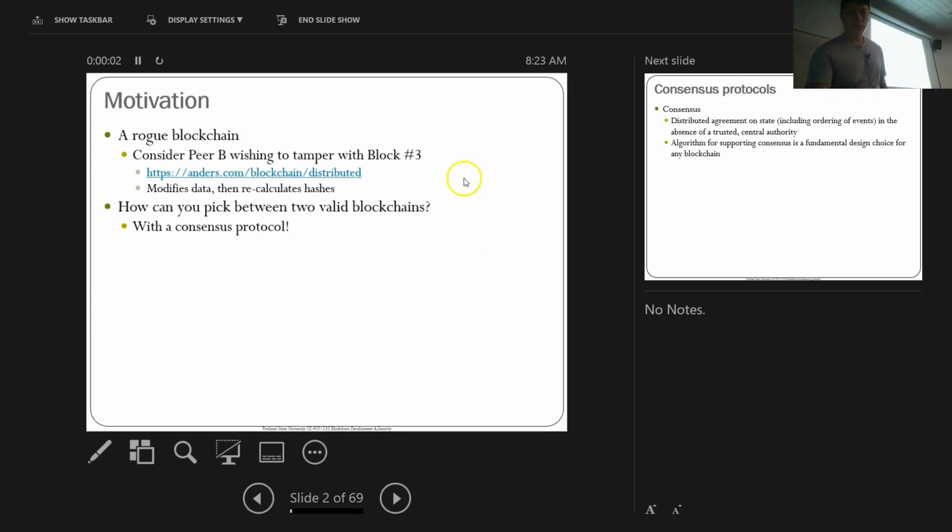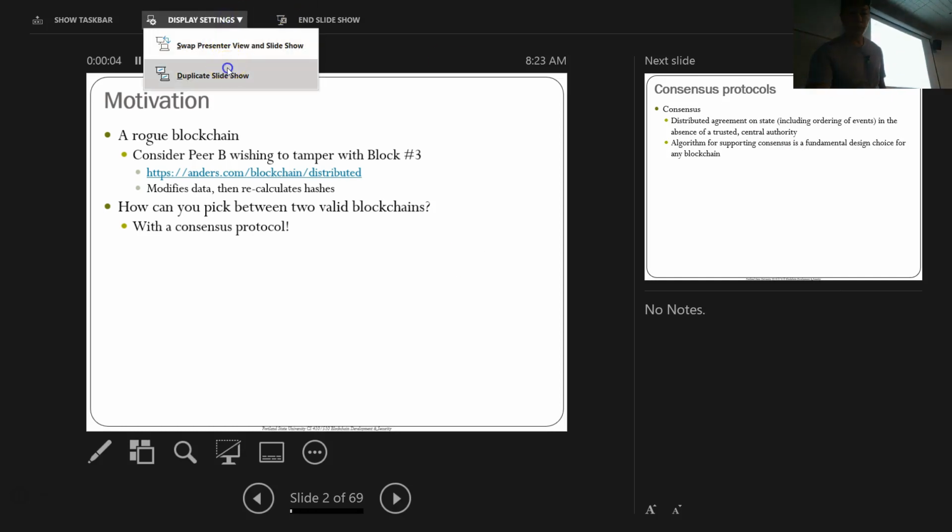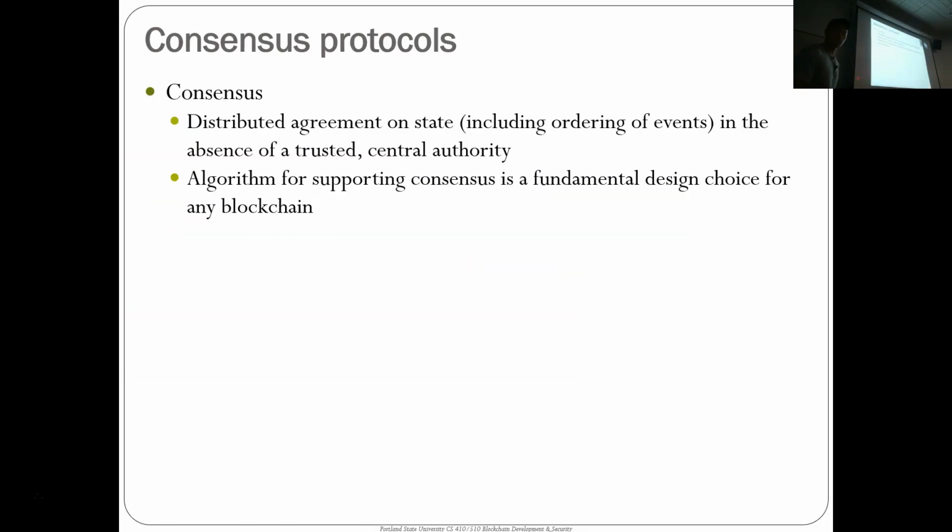Okay, so that is the consensus protocol that we're looking to solve. So distributed consensus is agreement on state, including the exact ordering of events, in the absence of a trusted central authority. If you had a trusted authority giving you order, then you would just ask that trusted authority for the state.